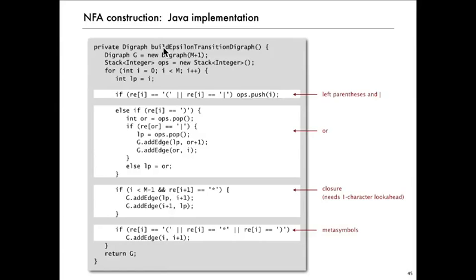This is part of the NFA, so it's got the regular expression as an instance variable to refer to, and it's going to build a new digraph with one extra state, the accept state, m plus 1 if the regular expression has m characters.